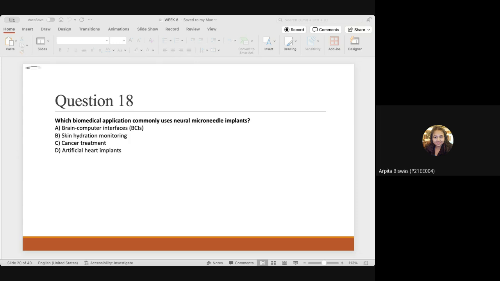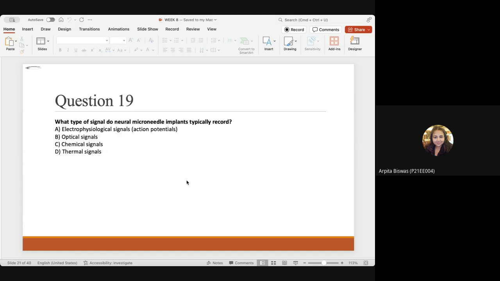Next, move towards question number 19. What type of signal do neural microneedle implants typically record? First option is the physiological signals. Second is the optical signals. Option C is the chemical signal, and option D is the thermal signal. So, what is the right option?